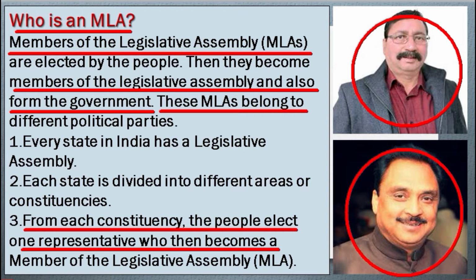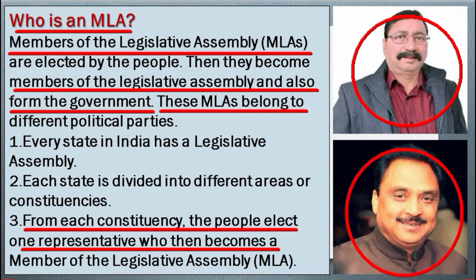And students, as I said, MLAs come from different political parties, and there is only one legislative assembly in every state. And students, the political party whose MLAs have won more than half the number of constituencies in a state is known as the majority or ruling party.